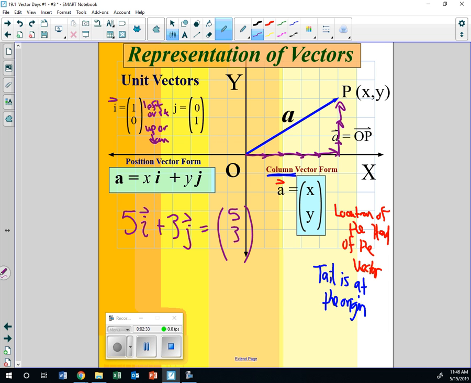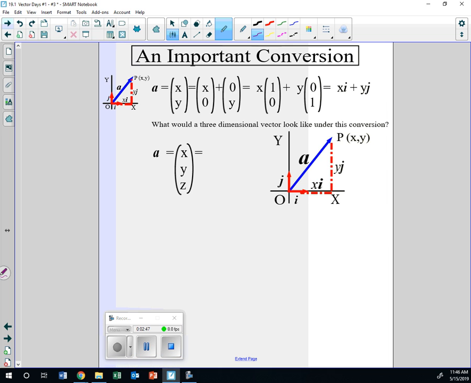This vector A is this 5, 3 when the tail is where? At the origin, yep. Just keep that in mind. Let's see a sort of proof of this. We're going to call this vector A the head of x, y. Well, that's the same as x, 0 plus 0, y, because x plus 0 is x, 0 plus y is y.